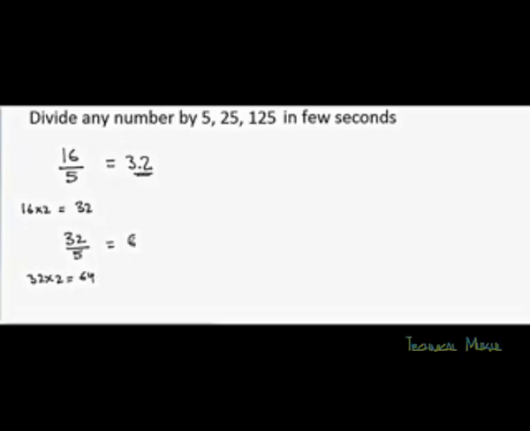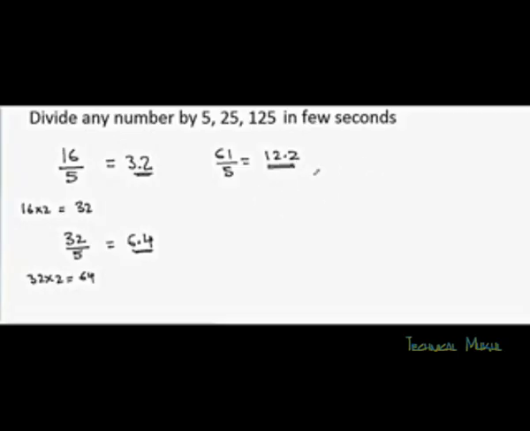Then I put a decimal after one digit, that is 6.4. My answer is 6.4. Again, if I have 61 and I want to divide by 5, the answer will be 122, one decimal, and that will give me 12.2. So that's pretty easy.